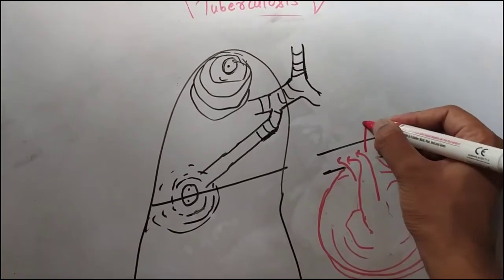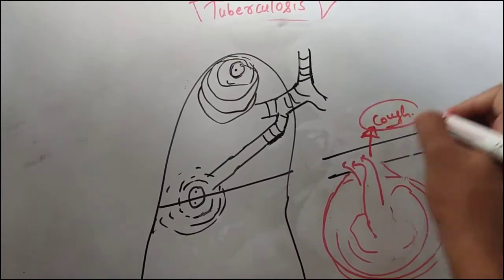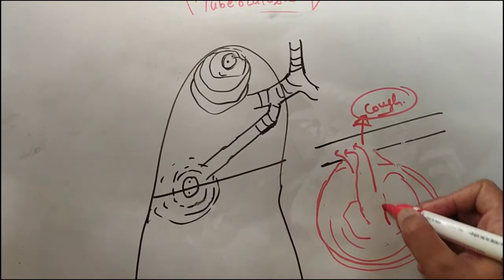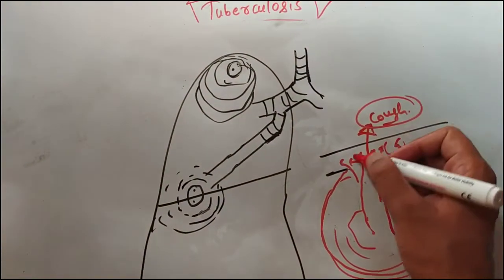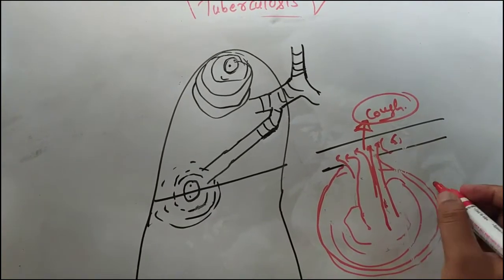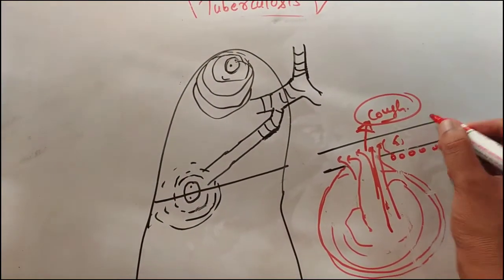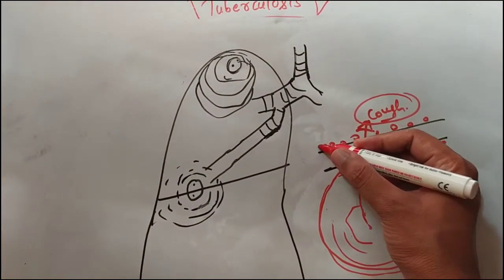So at this time there will be what? There will be cough, and this cough basically contains the necrotic debris or the mucus production over the airway. There will be smaller vessels that will be covering the bronchioles.